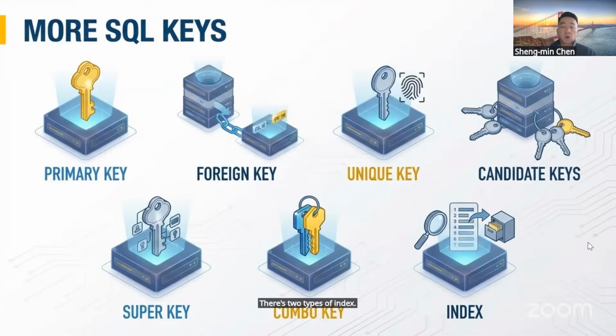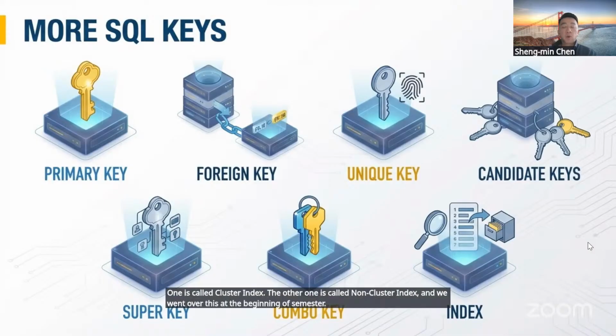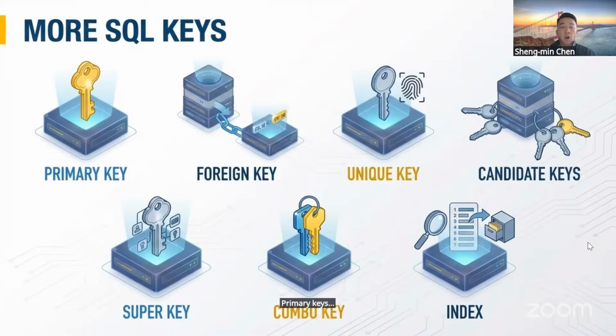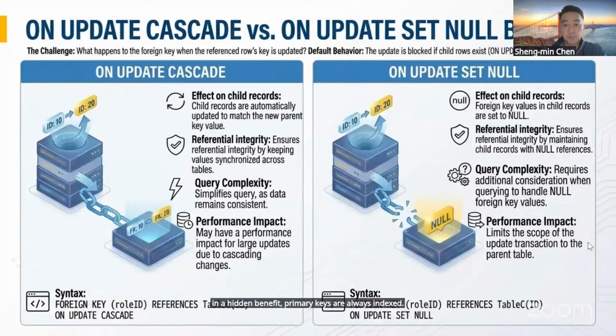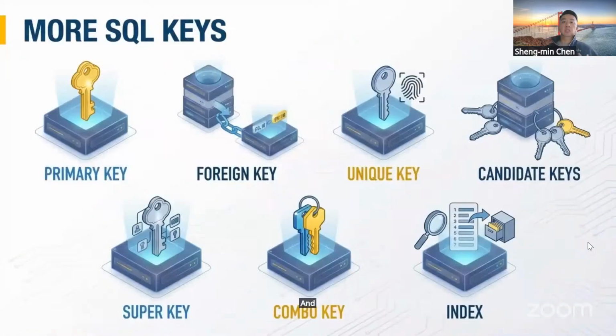Okay. Now, there are two types of index. One is called clustered index. The other is called non-clustered index. We went over this at the beginning of the semester. Primary keys are always clustered indexes, so primary keys are automatically indexed, right? It's a hidden benefit of primary keys beyond the constraint: they are always indexed, under a clustered index.